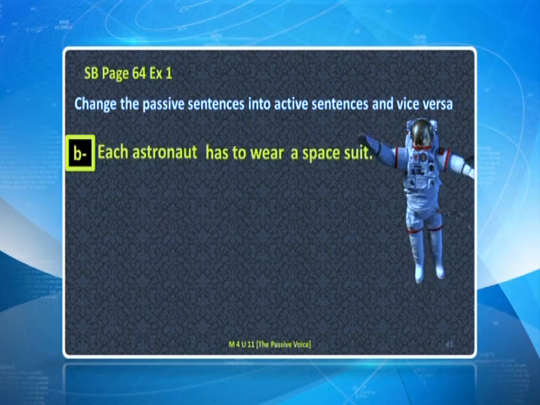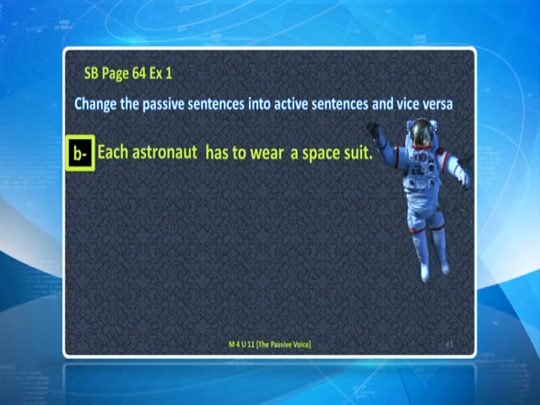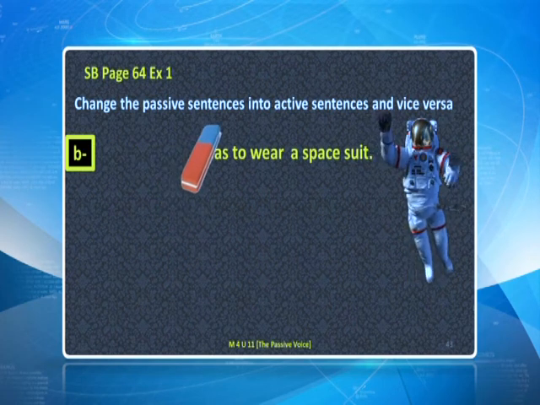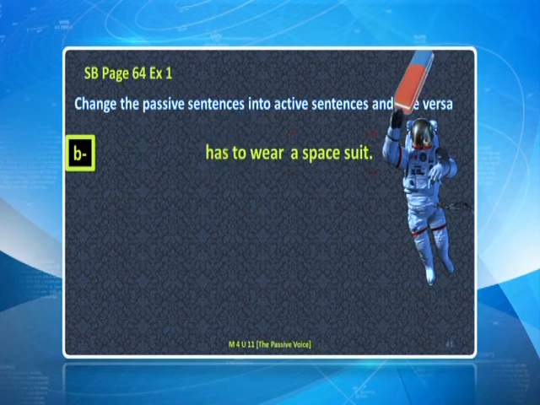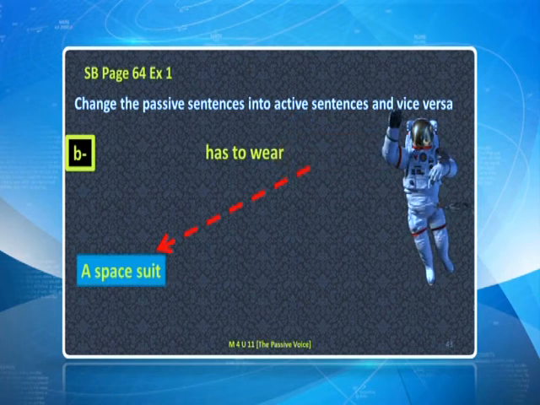Let's take another example. Each astronaut has to wear a spacesuit. Get rid of the subject. Then decide on the object of the sentence. Bring it at the beginning of the sentence, a spacesuit. Now go to the verb, which is a modal verb, has to plus wear.